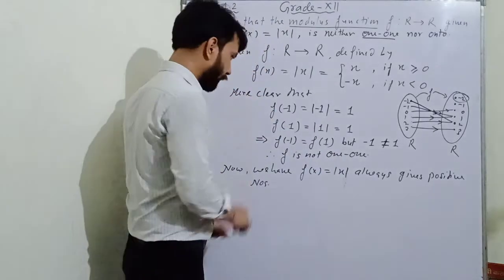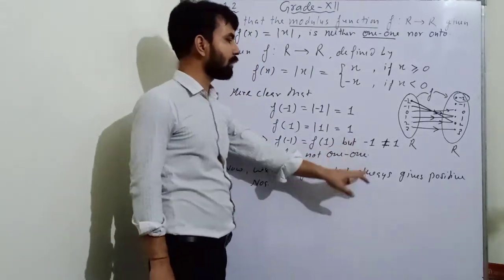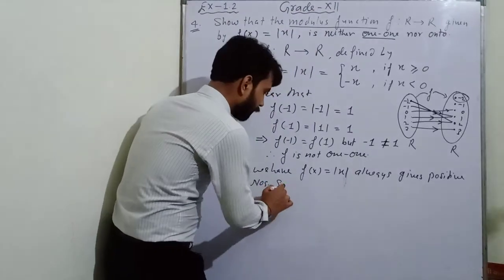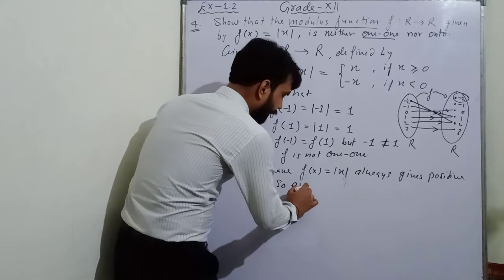So at last we have to write: we know that f(x) equal to modulus x always gives the positive numbers.